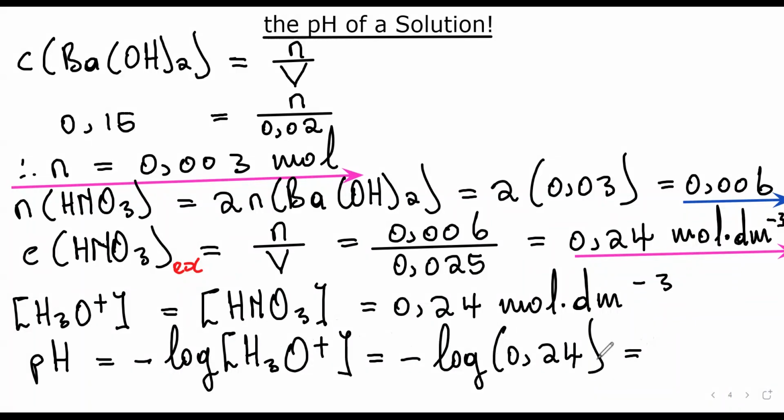And when you find the negative logarithm of this, you simply get 0.62. Yes. This should be the pH of your solution after step 1 and before step 2.